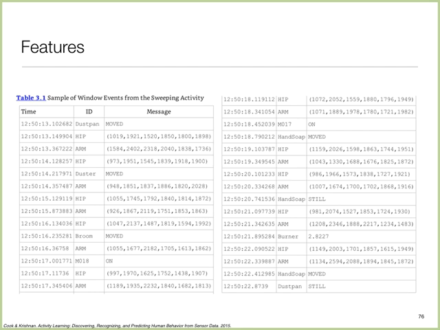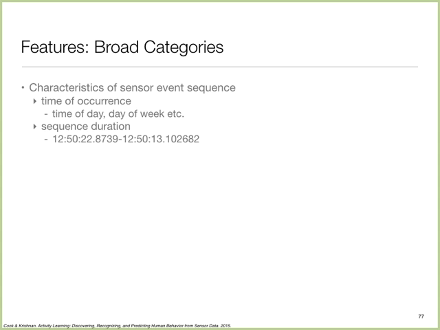So it's a combination of expert intuition, historical knowledge of what has worked or what hasn't worked, and then applying it to your context. So broad categories of events that might exist. For example, for event sequences, time of occurrence.